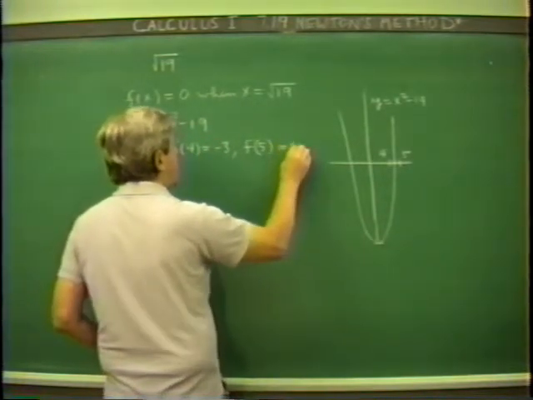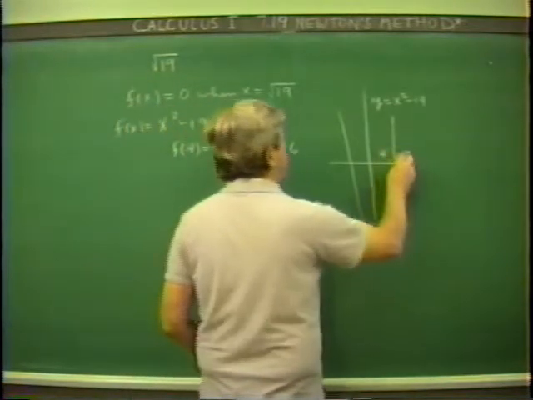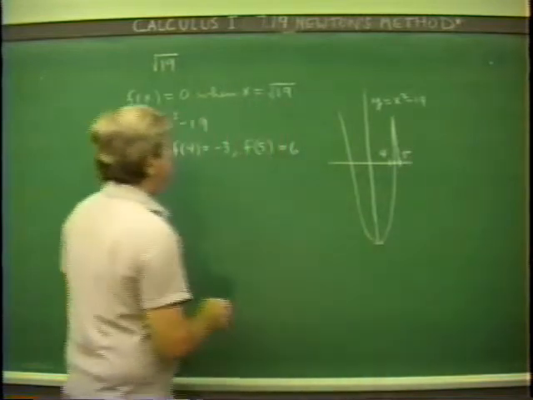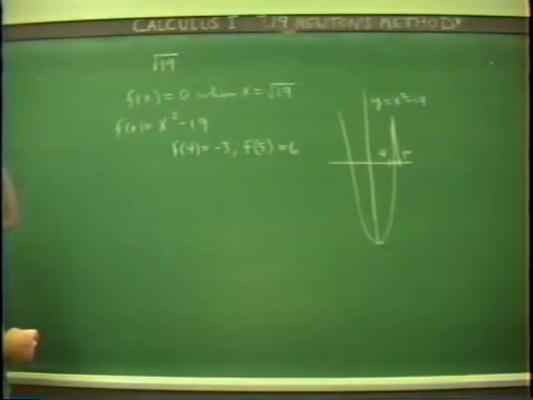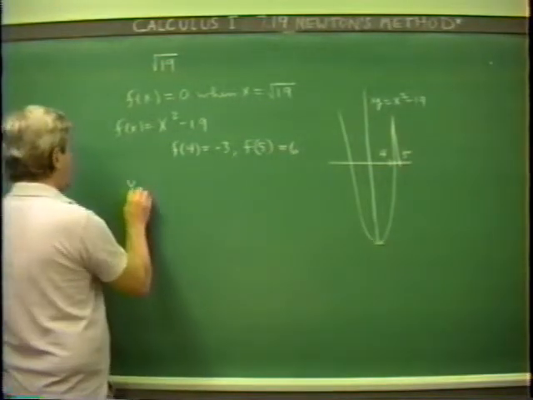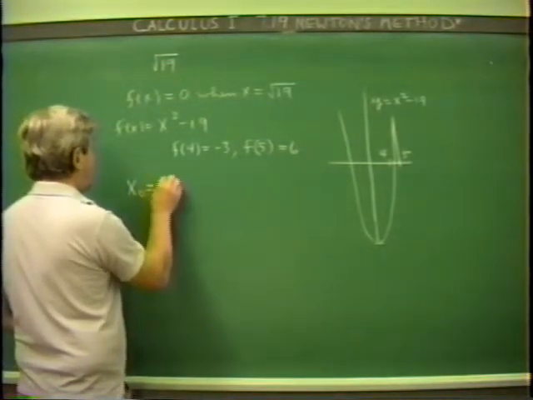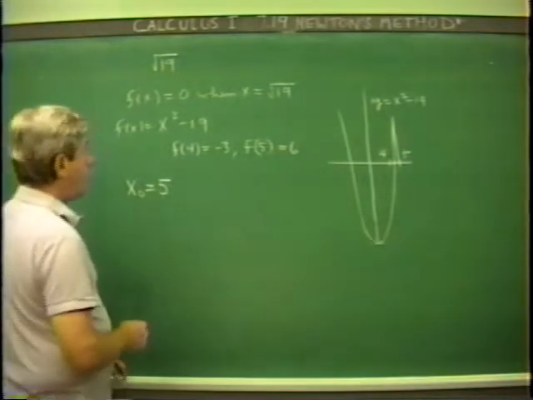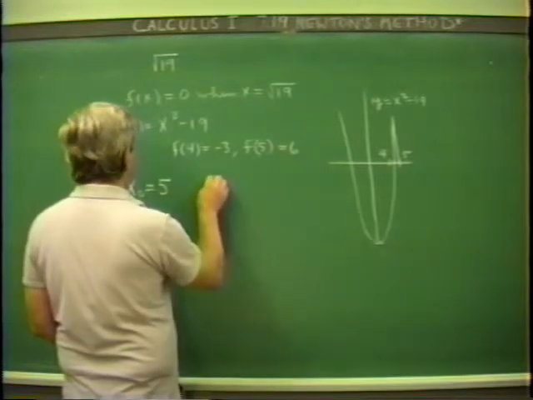The value of the function at 5 is 25 minus 19, or 6. So we could interpolate here to get a first approximation. But actually, if we stay on the right side, 5 will give us as good an approximation as any. So let's let x0 be equal to 5.